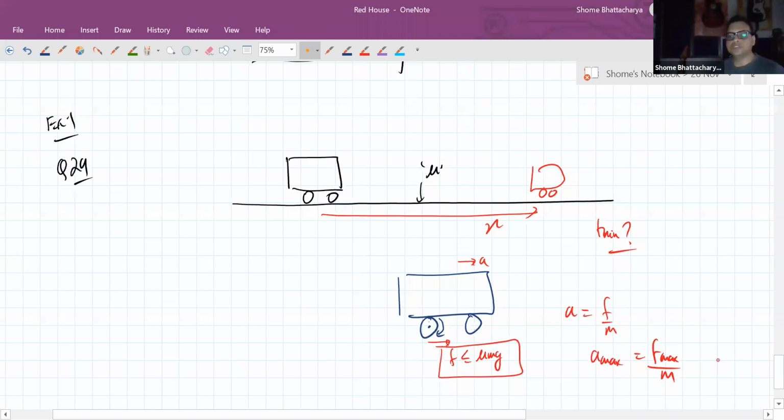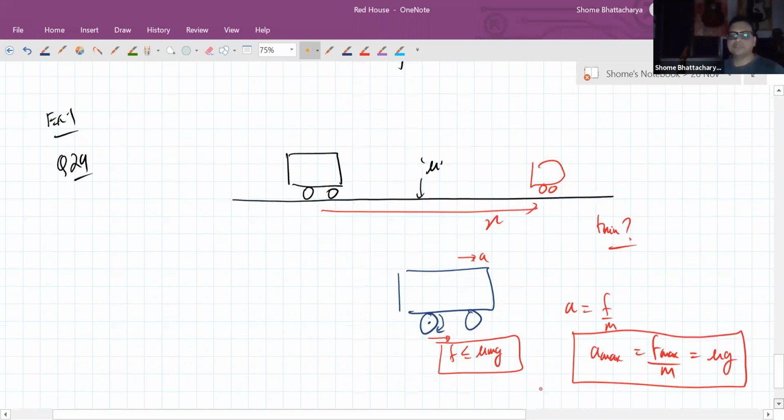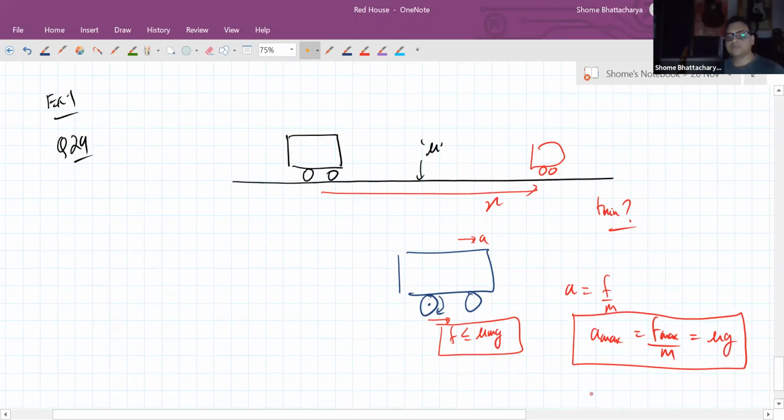So this is equal to mu g. So the maximum possible acceleration for a car, no matter how powerful the engine is, depends on the friction between the tires and the road. It depends only on mu. And therefore the minimum time in which it can cover this will become square root of 2x divided by mu g, because obviously you're assuming you're starting from rest.